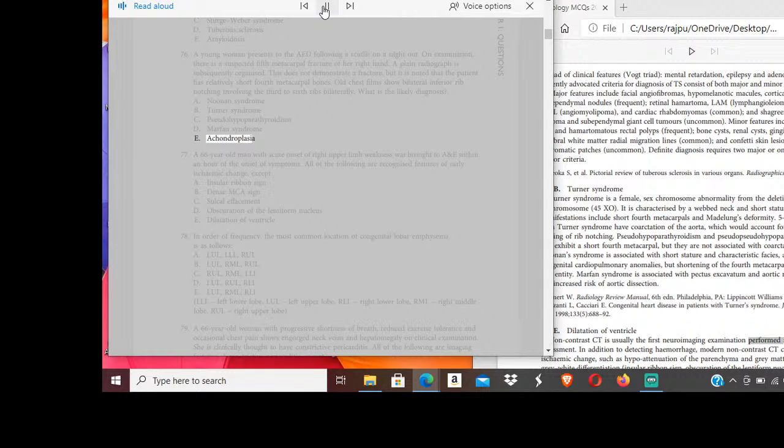Achondroplasia. 77. A 66-year-old man with acute onset of right upper limb weakness was brought to A&E within an hour of the onset of symptoms.